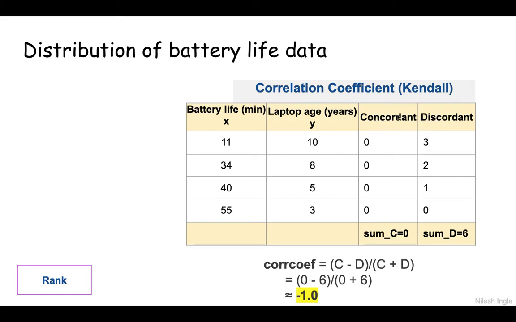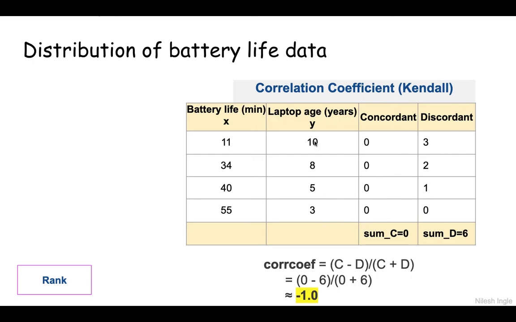In case of concordant, we take this observation 10 and see how many observations below that particular row are greater than 10, and here it is 0, so we put a 0 there. Next we look at 8 and then look at all the rows below it to see how many observations are greater than 8. It is 0, and we do that for the remaining 2, and all of them are 0.